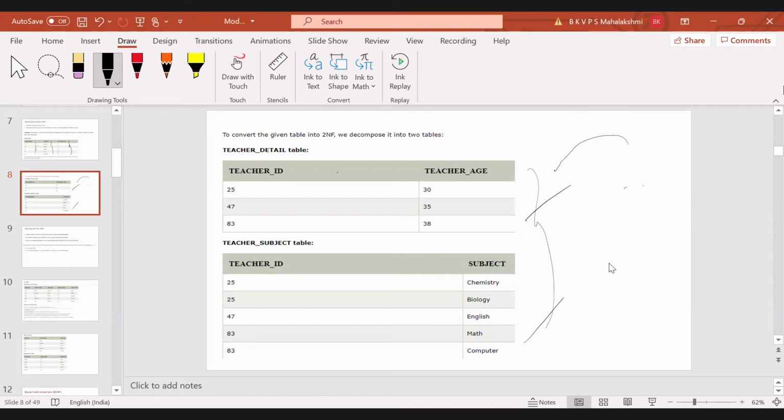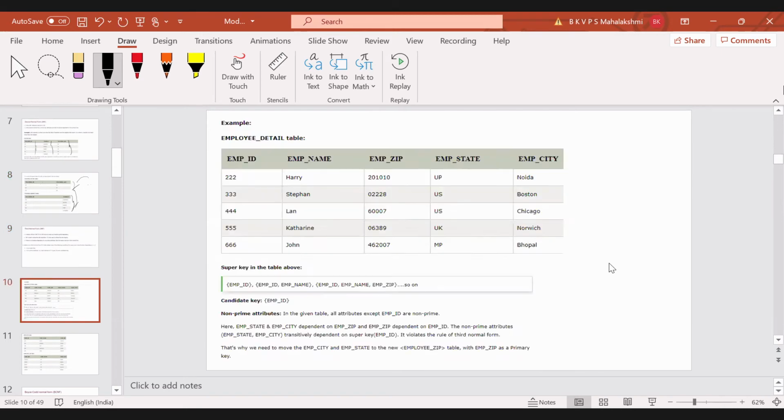So from these two tables, we can say that yes, the first relation is fully functionally dependent on the primary key attribute. The teacher is fully functionally dependent on teacher ID, and from the second relation, yeah, subject is fully functionally dependent on teacher ID.